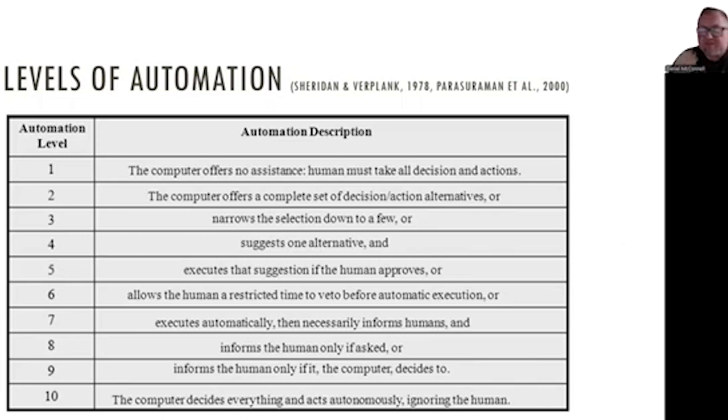So if you're in a decision-making task, one example, a place where automation comes up that a lot of people don't realize, is medical decision-making aids. There's a lot of software that doctors use in hospitals and in private practice that helps treat patients. A person comes in, and we collect a lot of demographic information about them, and information about their reported symptoms, and put all of that into the patient software.